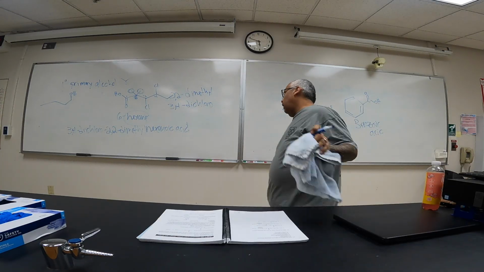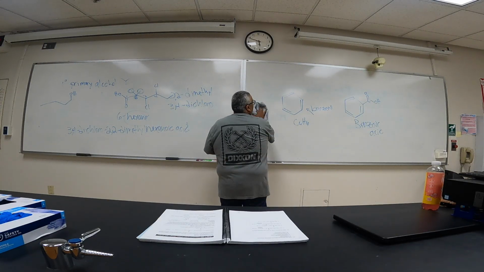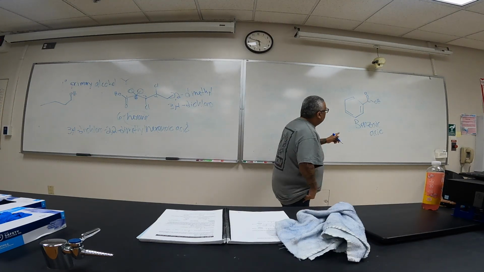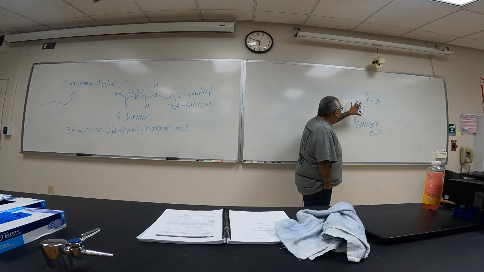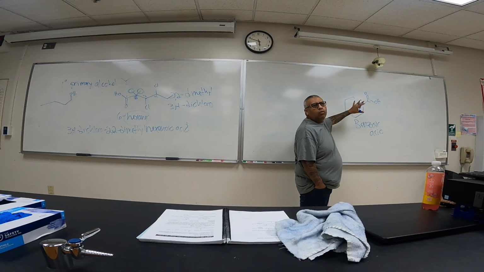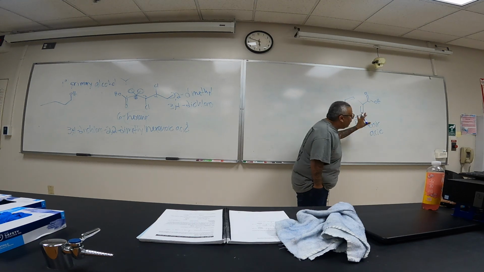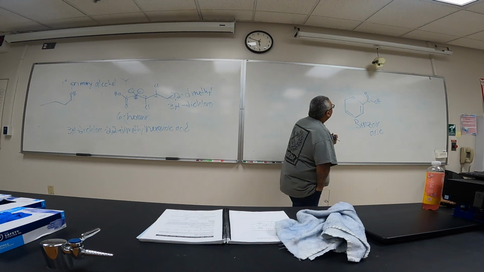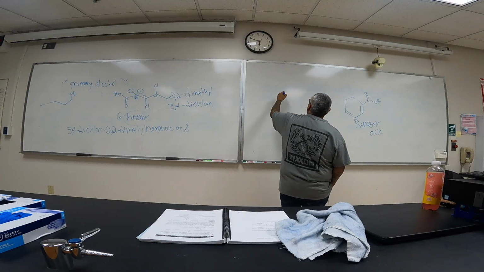So this is one that we need to memorize, that structure, and this is the name we're going to use. It's not some hexatriene name, this is benzoic acid. We just memorize it. Benzene, benzoic acid, aniline, toluene, we just memorize all those.